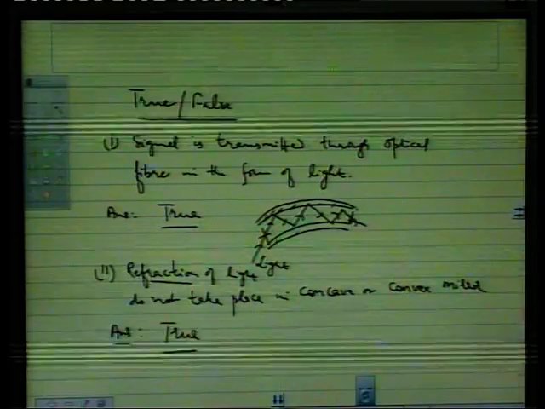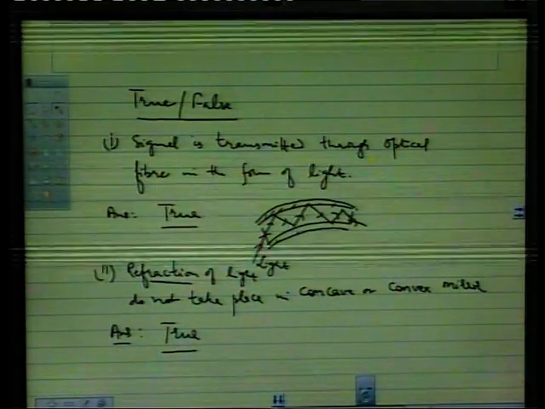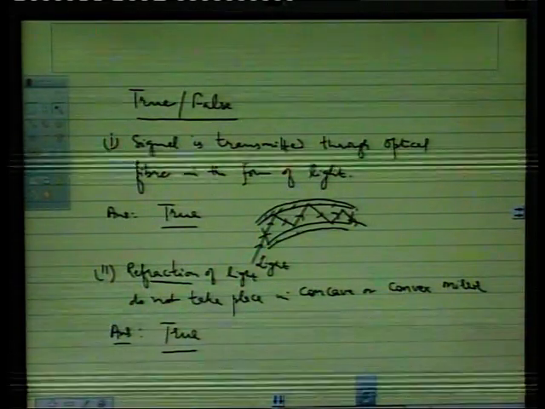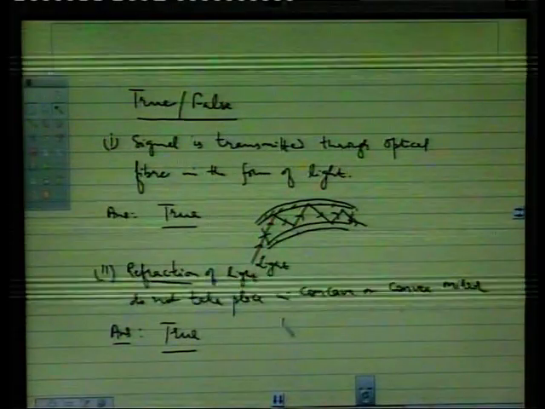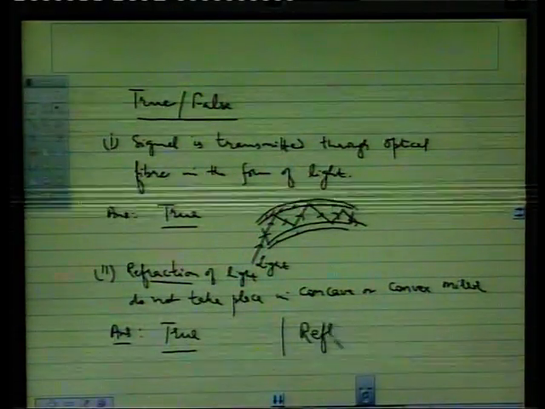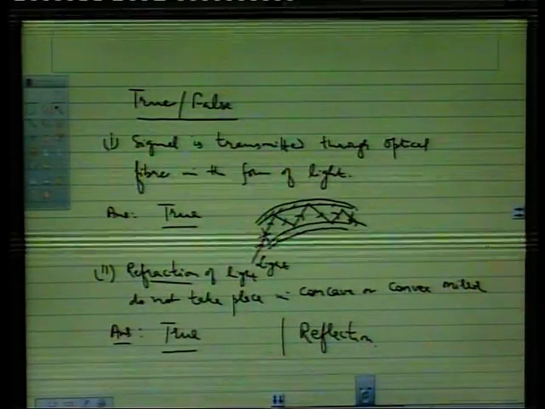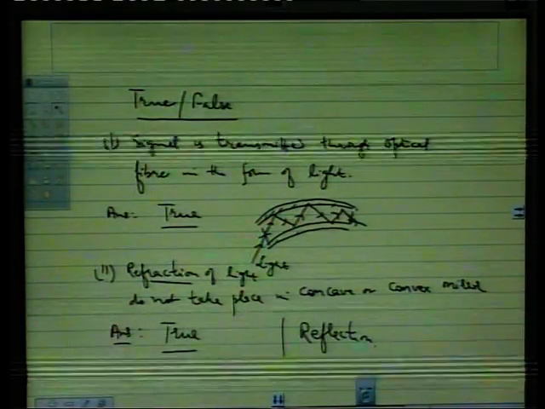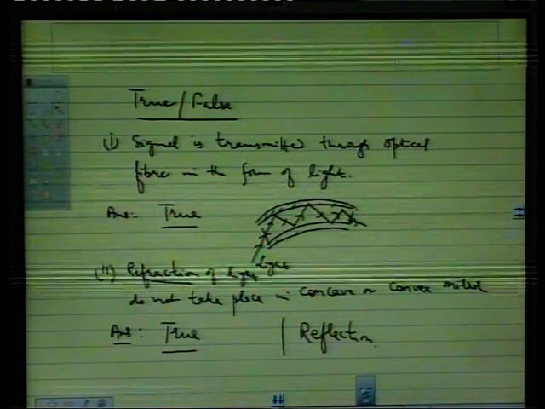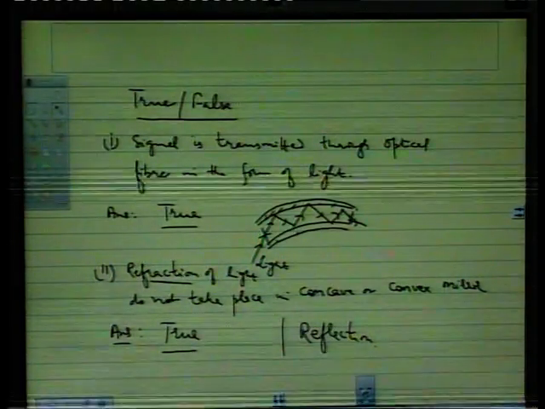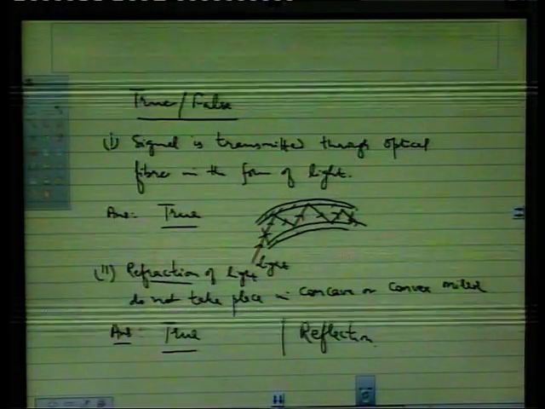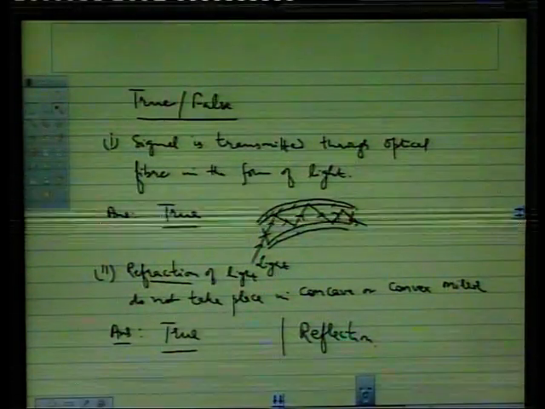In concave or convex or any other mirror, the phenomenon is reflection, not refraction. So refraction does not take place in concave or convex mirror, it is the true answer. So this is the second.